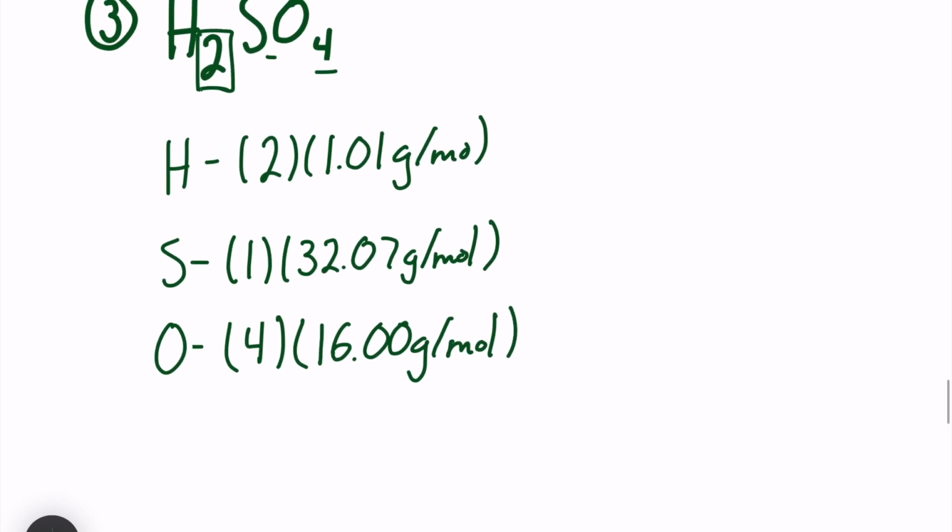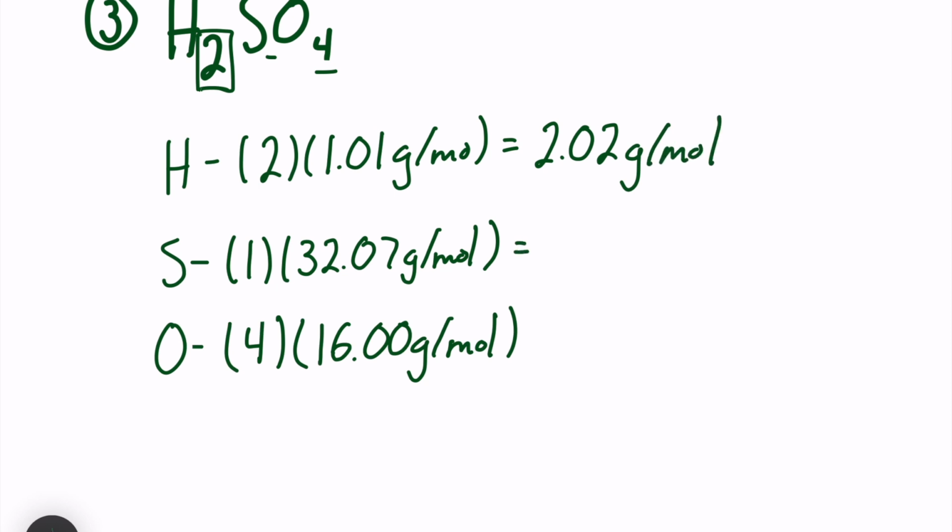So we have all of our molar masses for each element written down. We must complete our calculations though first. So for hydrogen, we'll go 2 multiplied by 1.01. We'll find that is 2.02 grams per mole.